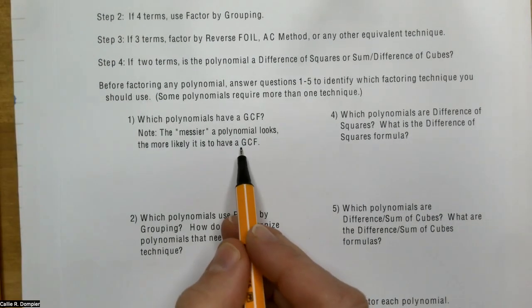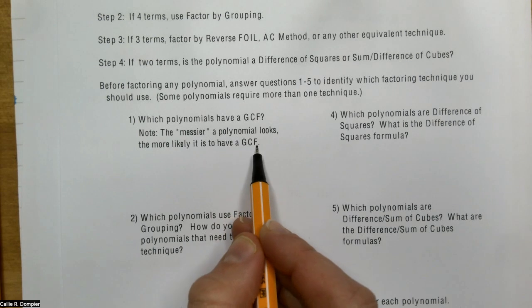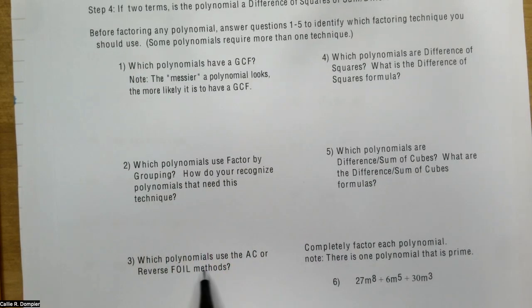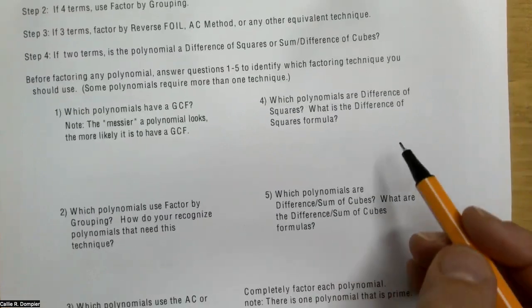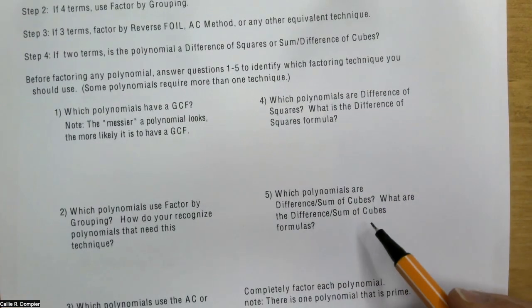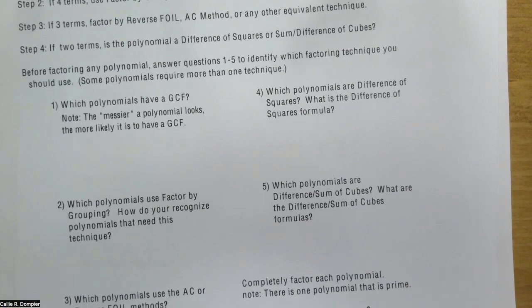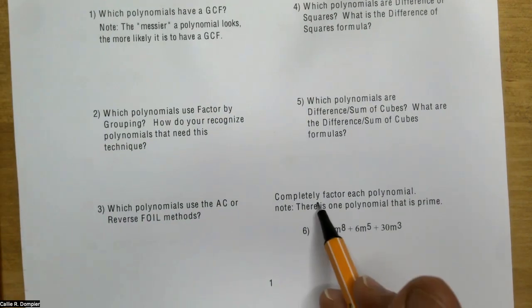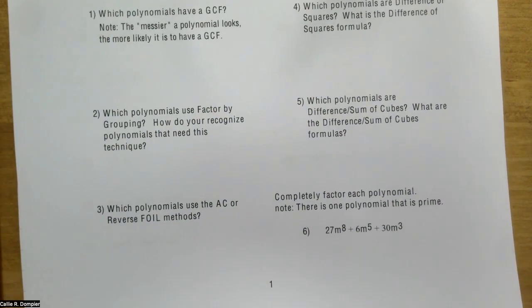So we'll practice taking out a greatest common factor. We'll practice factoring by grouping. Then we'll practice the AC method. Then we'll practice difference of squares and sum and difference of cubes, okay? But the rules for today are completely factor each polynomial. Use whatever skills you have from previous math classes, whatever you know, okay?